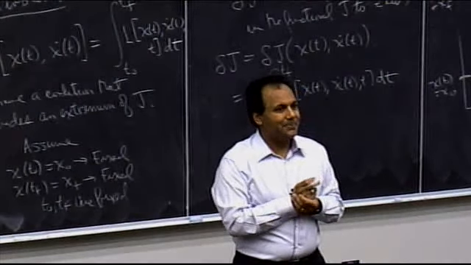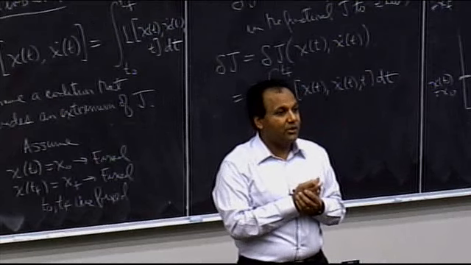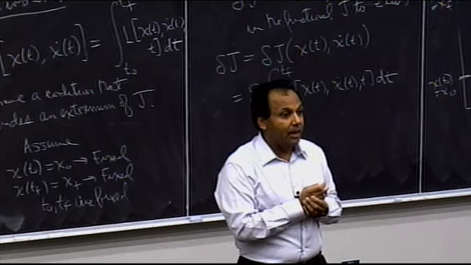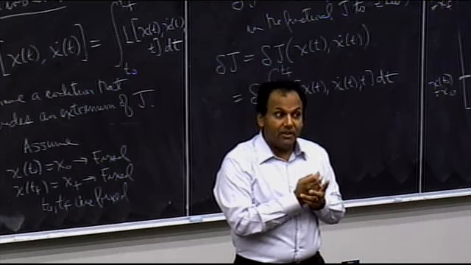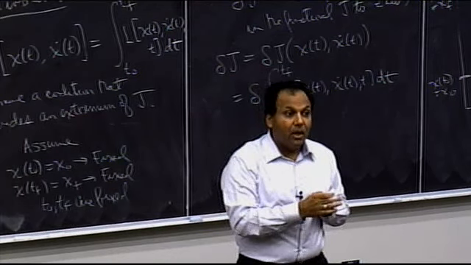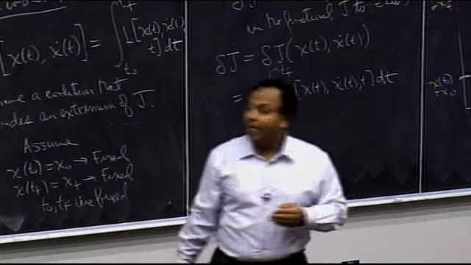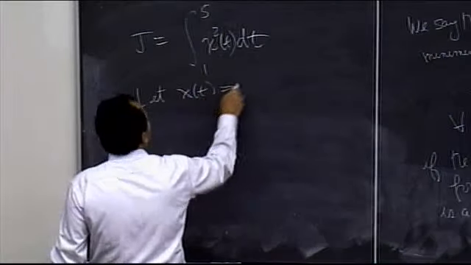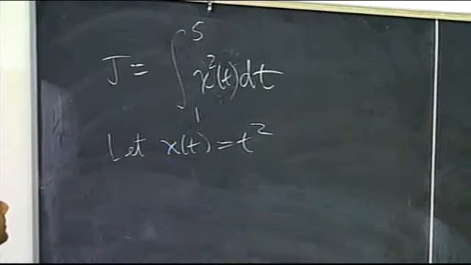Well, what is it? Why is it? It's a function of a function, right? What's the function? X of t, right? X of t is the function, right? It's a function of a function, right? Now, if I say let x of t equal t squared, now what happens?